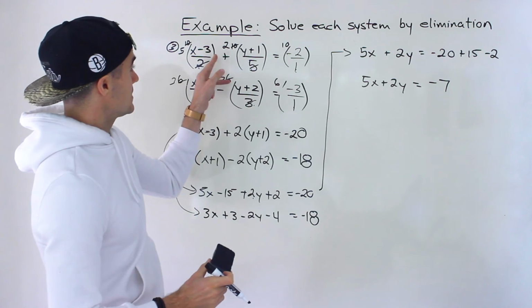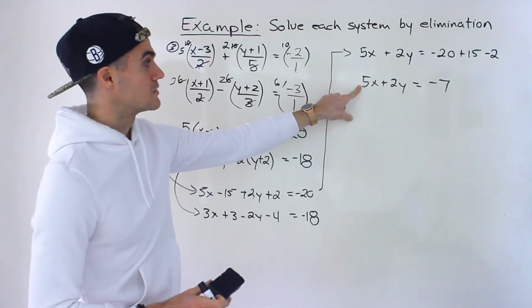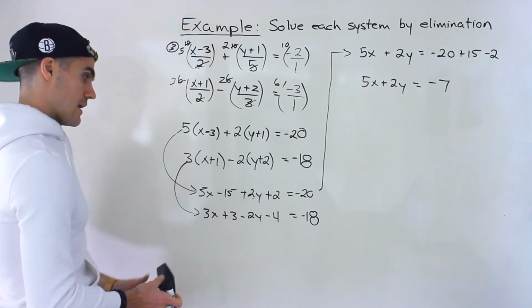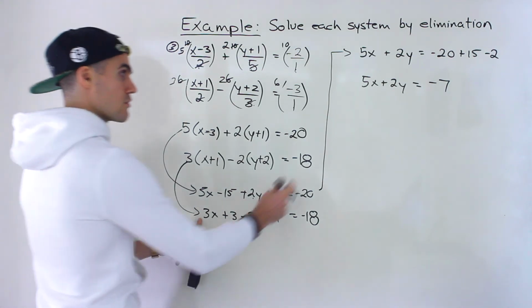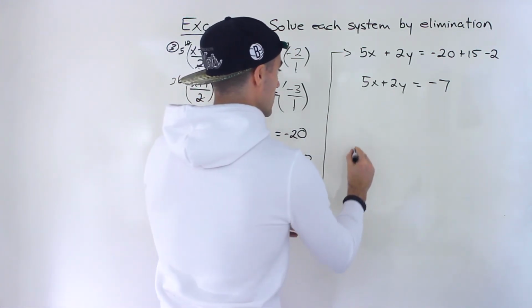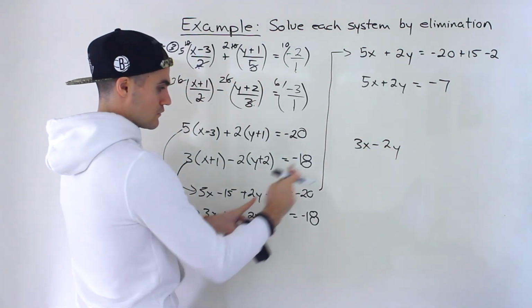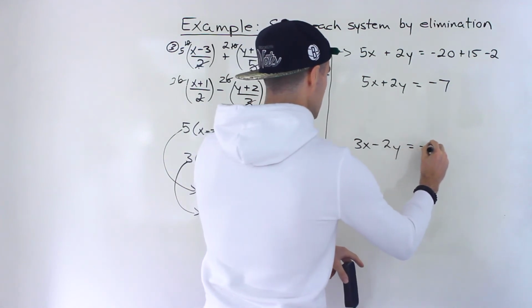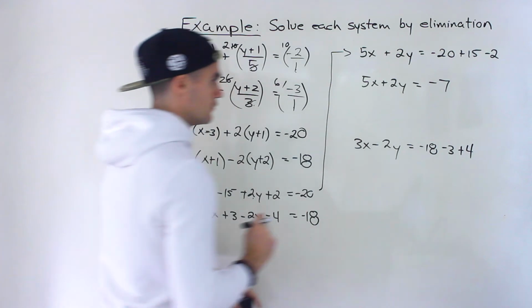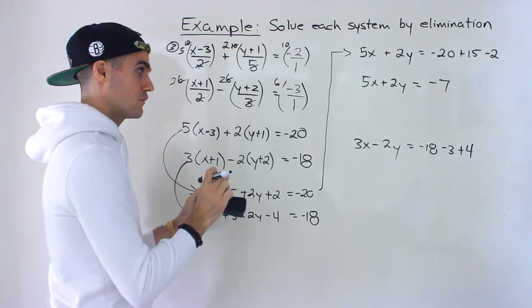Okay, so this original equation that we had and this are the exact same thing, just different formats, and that's just a much nicer format. And then with this second one, the 3x, let's do it at the bottom here. So we'll have 3x minus 2y. Positive 3, negative 4, I'm going to bring over. So I'll have negative 18 minus 3 plus 4. Okay, when you're doing this algebra, just be very careful, right?